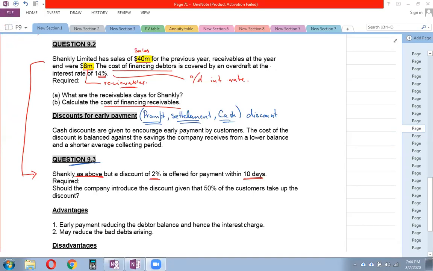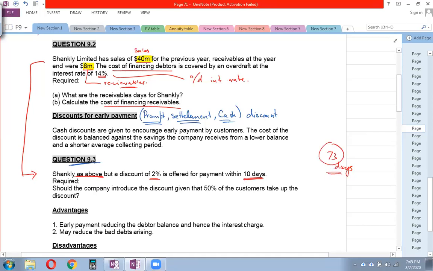So we are really not sure who will be taking the discount or who will not be taking the discount, right? We are telling our customers, look, you can pay us in 73 days, but if you pay us in 10 days, we will give you 2% discount. Now we really don't know if the customers will actually pay us in 10 days or in 73 days.